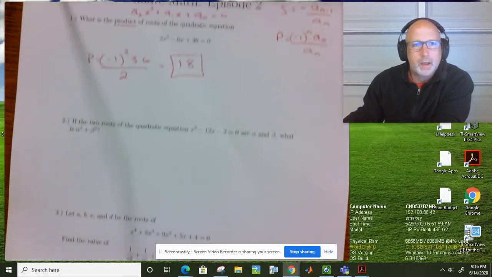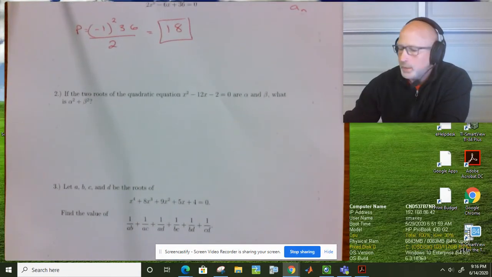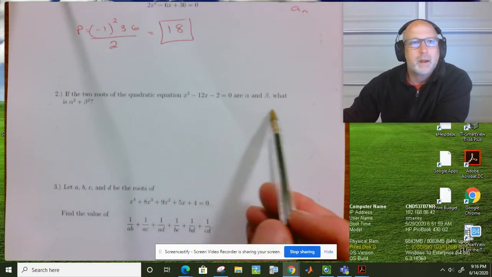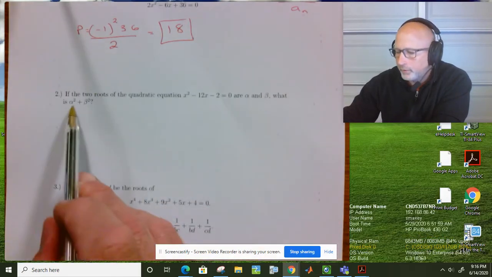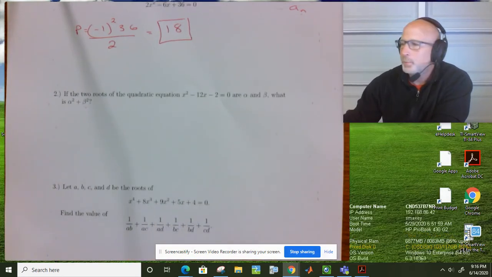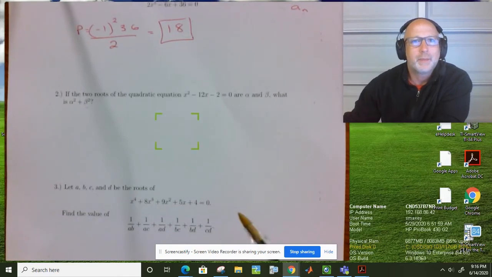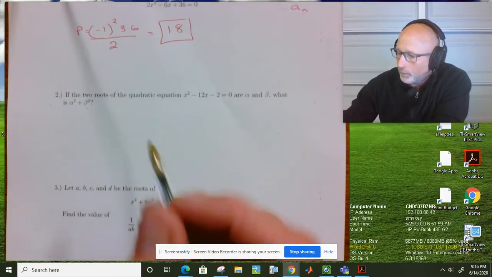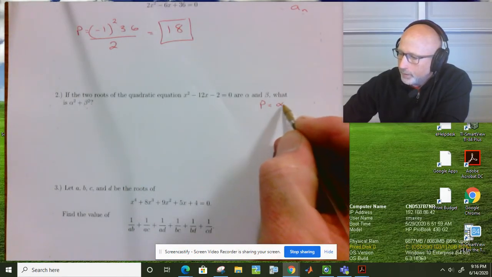Okay, number 2. If the two roots of the quadratic equation x squared minus 12x minus 2 equals 0 are alpha and beta, what is alpha squared plus beta squared? This is a pretty tricky one, and it's pretty clever how this works out. Like I said, a very classic type of problem. We have two different things here. We have the product of the roots, which is going to be alpha times beta.